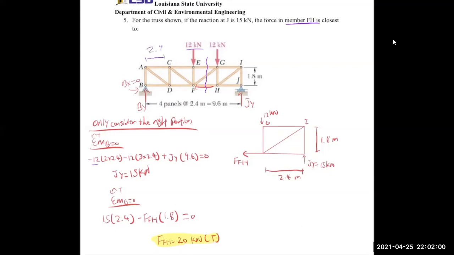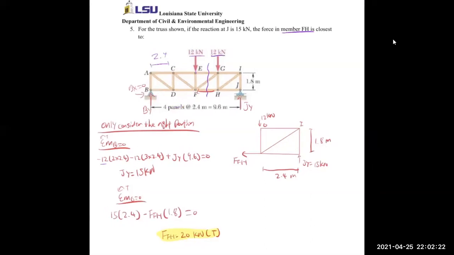Then minus this 12 right here, multiplied by 3 times 2.4. They're negative because I assume that counterclockwise is positive, and these two are going in the clockwise direction, right?